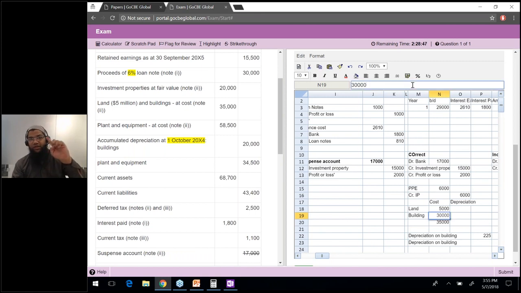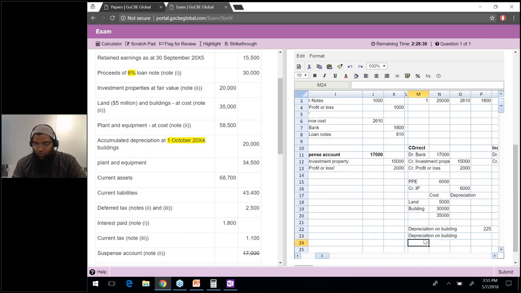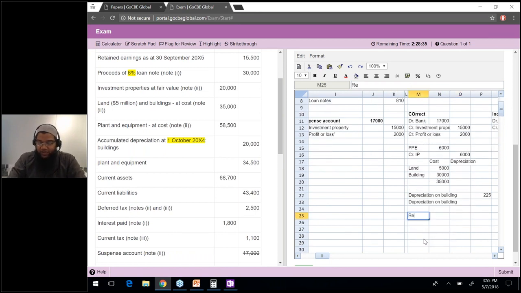So when we are going to revalue, the revaluation gain on land is equal to 8,000 minus 5,000. The fair value was 8,000 and the carrying value was 5,000.